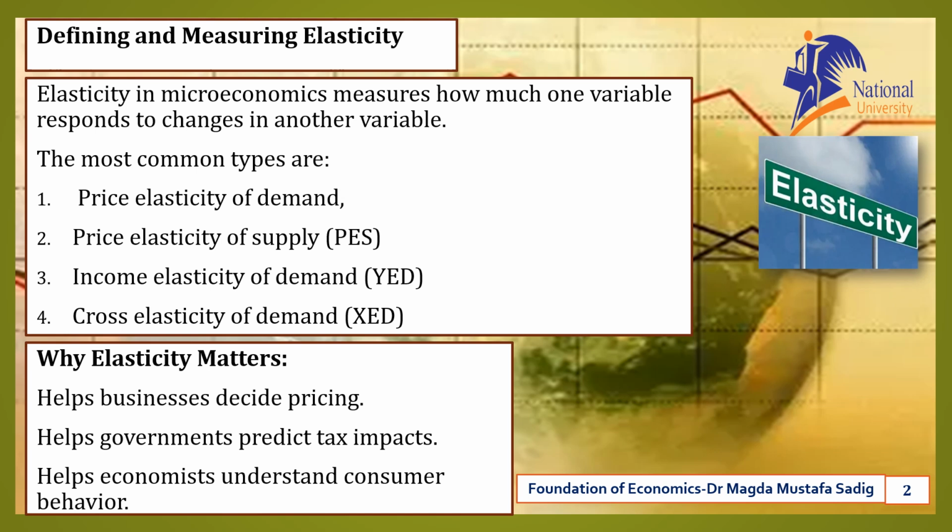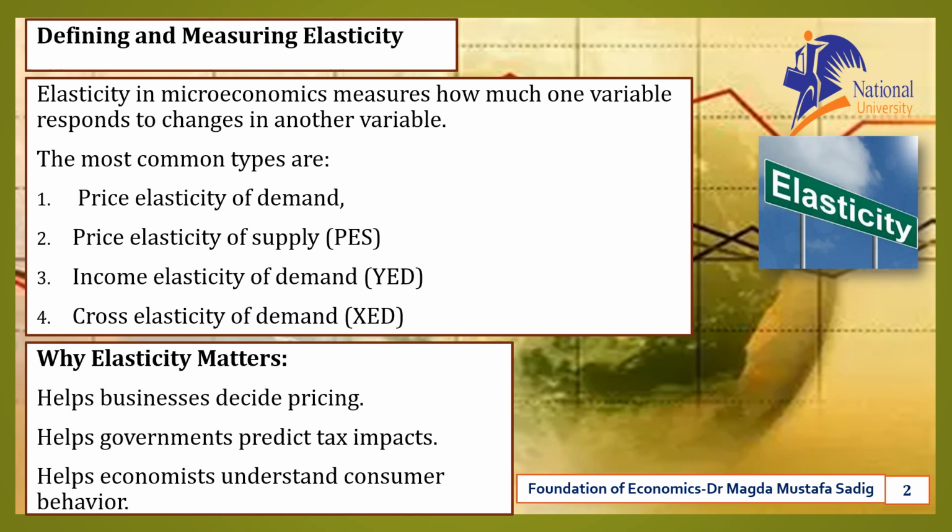Price elasticity of demand. This measures how much the quantity demanded of a product changes when its price changes. For example, if the price of soda increases and people buy a lot less, we say this demand is elastic. But if people still buy almost the same amount, then the demand is inelastic.